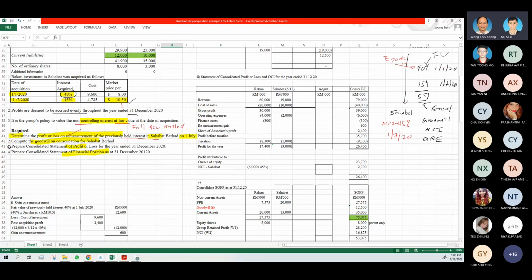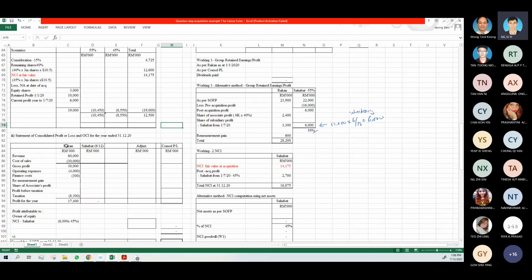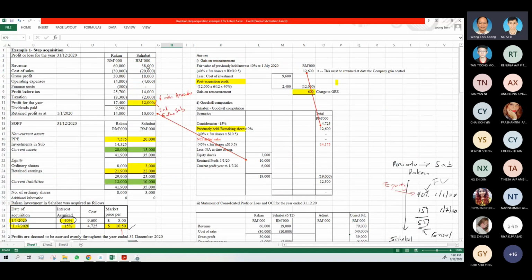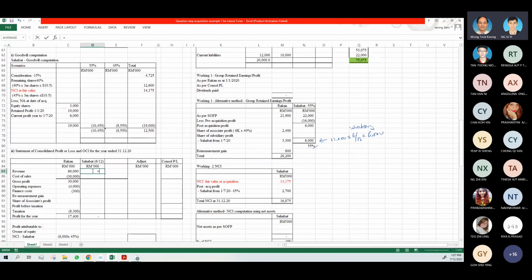Number 3, requirement, prepare consolidated P&L. So P&L is parent plus subsidiary. So the parent here 60,000 plus half of the subsidiary here, 38,000. So 38,000, half of it, 38,000 times 6/12.